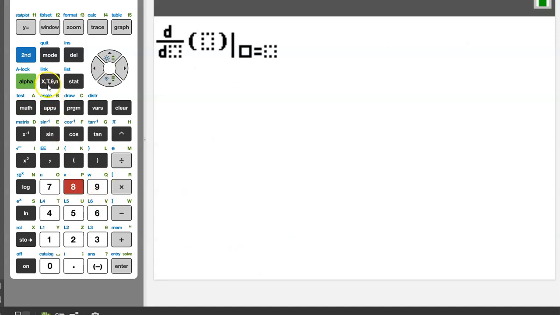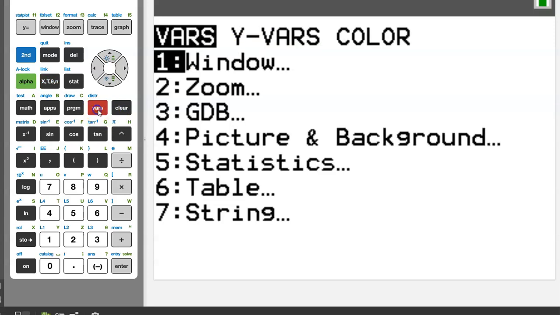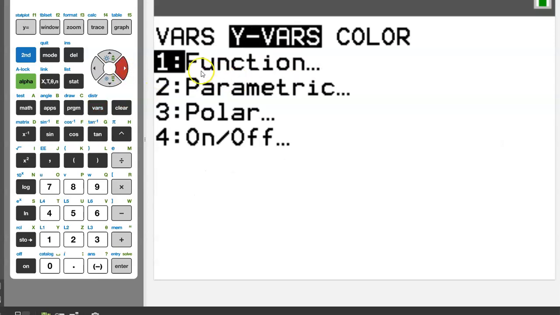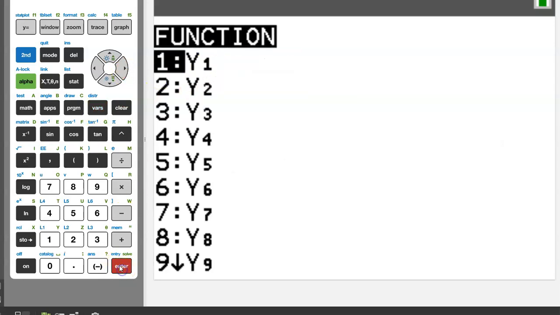So I'm going to differentiate with respect to x because that is my variable. Now I want to use the function that I typed into y2. Here's how you get y2 right here without having to type the whole function in. Hit the vars button, and we want yvars, so just go over there and choose function.